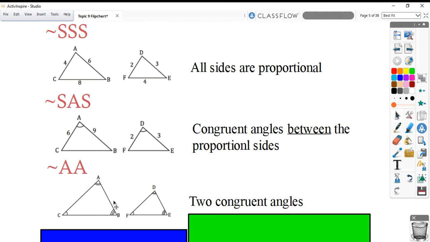So if you've got two angles that match each other, like A and B and D and E, angle C and F have to be the same thing, because no matter how big or small those triangles are, they're always going to add up to the same thing. So what it really is, secretly on the down low, is angle, angle, angle. And y'all probably remember from when we talked about congruence that angle, angle, angle is not enough to prove that your triangles are congruent. It only proves that the triangles are similar to each other.